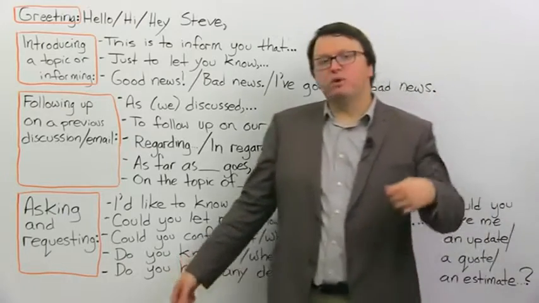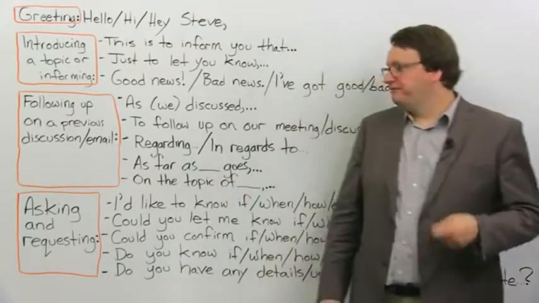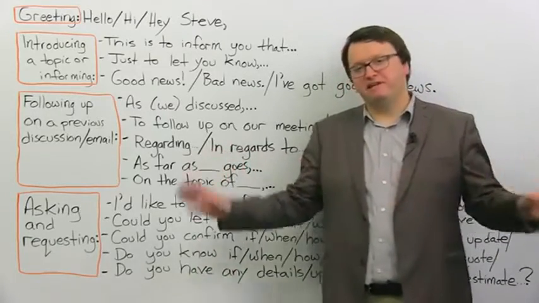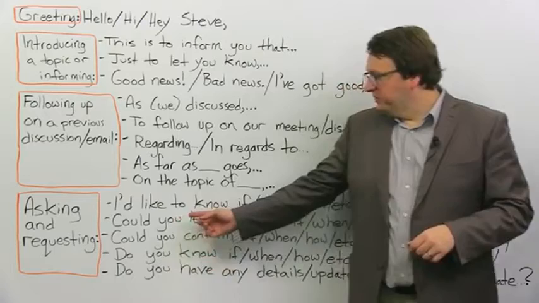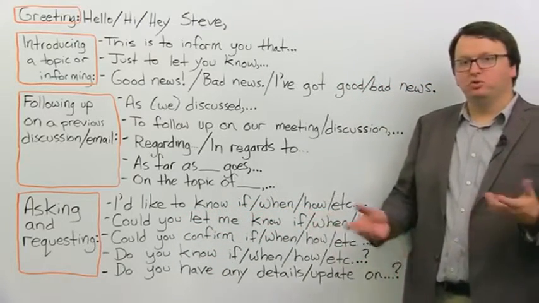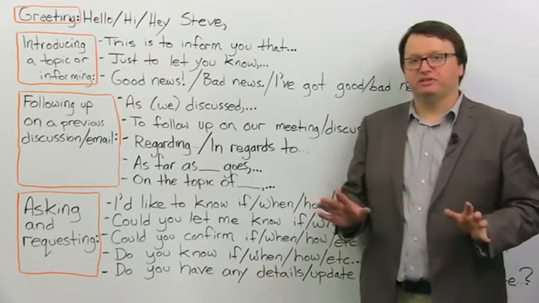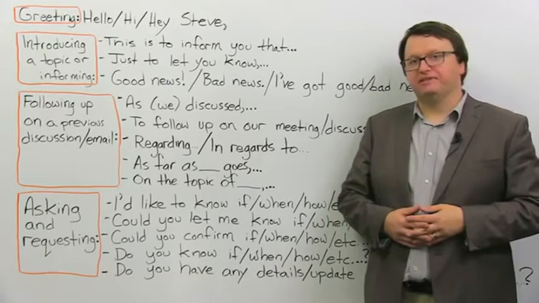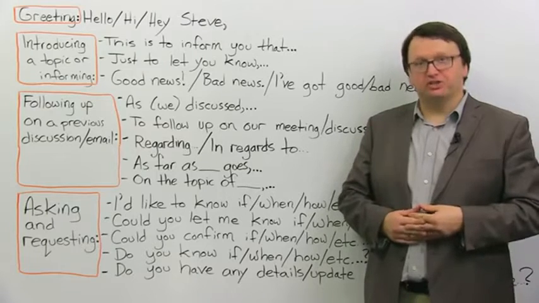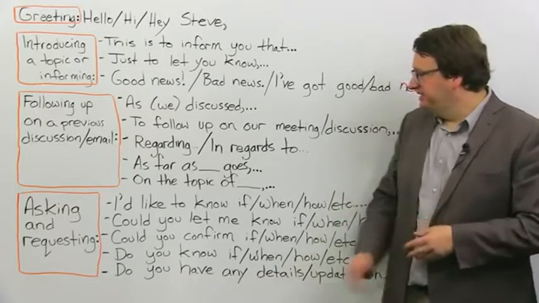Next, if you want to ask for something, if you want to request something, many options, all right? So I'd like to know if, when, how, who, okay? Any question you can think of. I'd like to know when the meeting ends. I'd like to know if I should bring anything, okay?